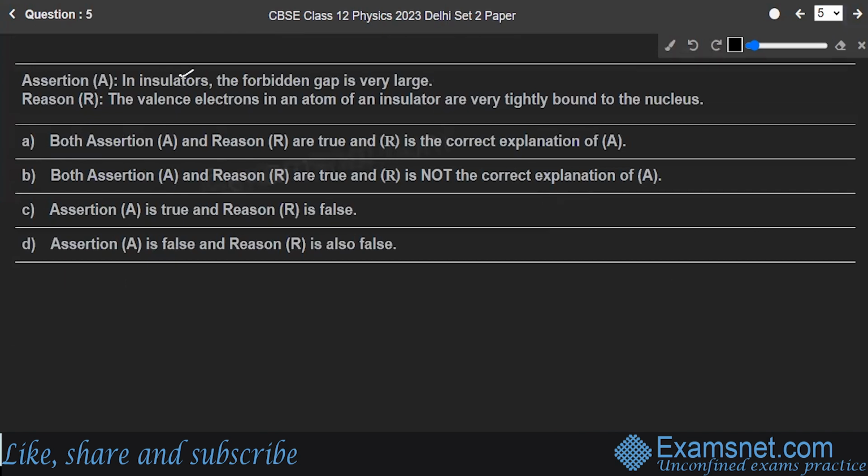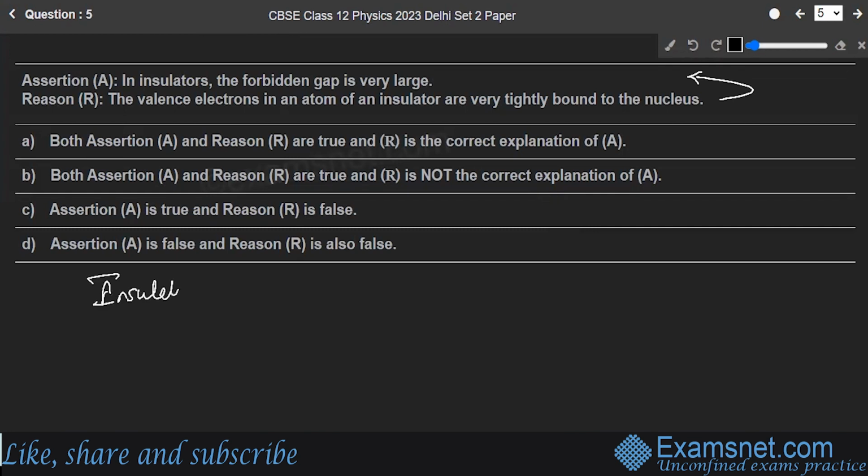Assertion says, in insulators, the forbidden gap is very large. And the reason is the valence electrons in an atom of an insulator are very highly bound to the nucleus. See, I think both are correct, and the reason is the correct explanation for the assertion. See, an insulator is a material that has a very large band gap.